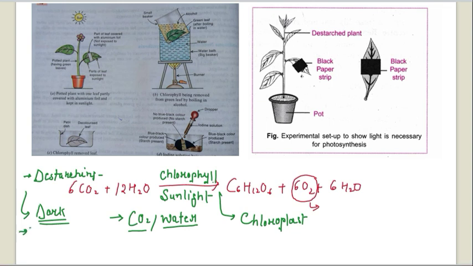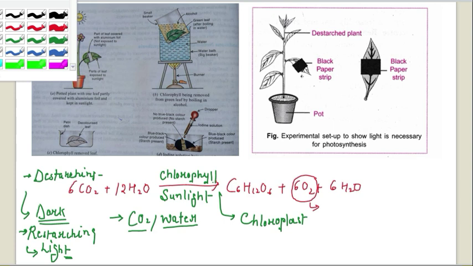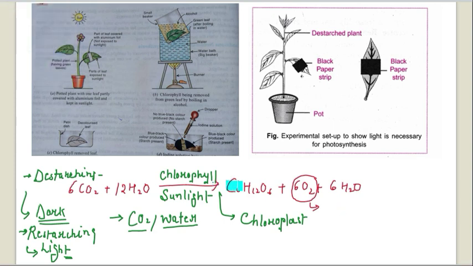The next term is restarching. Restarching is keeping the plant in the light so that photosynthesis occurs, glucose is formed, and that glucose is stored in the form of starch.